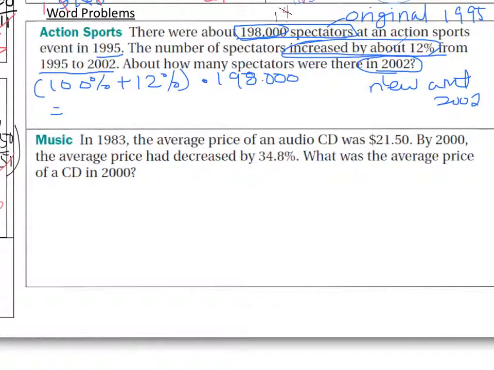So 100% plus 12% is just 112%, and I can go ahead and write that as a fraction. And I can simplify. Cross out the two zeros, and I just have to multiply 112 by 1980. And let's work that out.